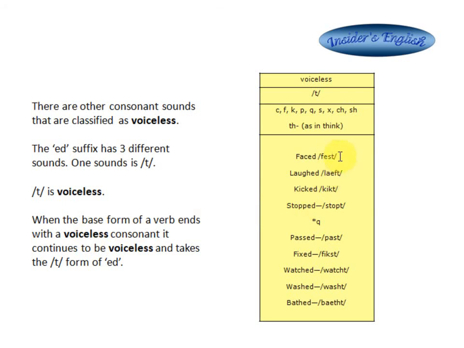Let's look at some of these words in the list. Notice with this word, if we remove the suffix ud, we are left with the sound s. As you can see up here, s is voiceless.